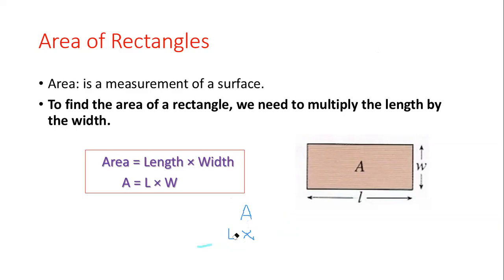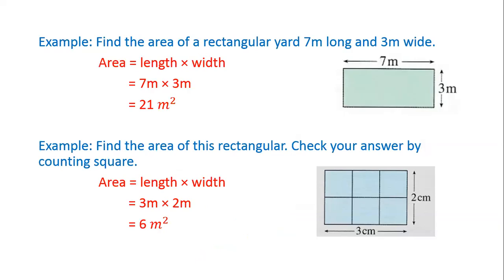Let's check an example here. Find the area of a rectangle 7 meters long and 3 meters wide. I have length and width, so you just multiply. First of all, you write A equals length multiplied by width.